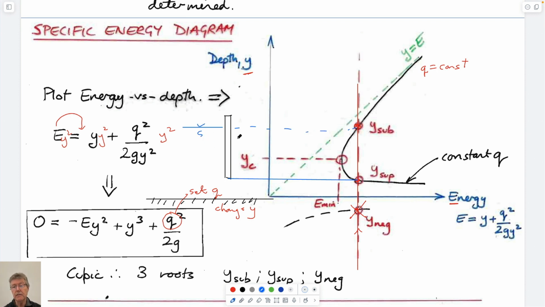So this is our undershot weir. Upstream, we force it to be this depth, and this is the depth that we have, which is y sub.